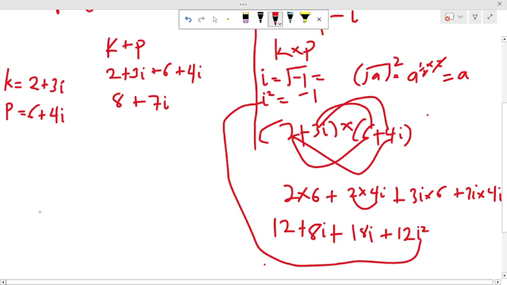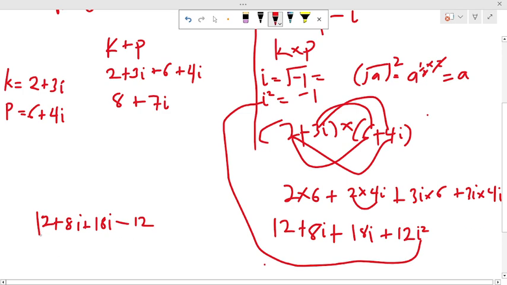So therefore, we get 12 plus 8i plus 18i minus 12, because the negative one here will replace this i squared, and we get 12 times -1, which is equal to -12.